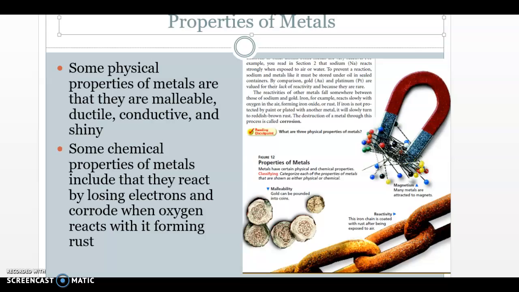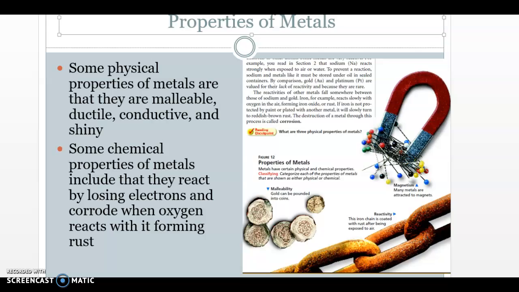We're familiar with what a metal is, but some physical properties, so some things we know about metals physically, things we can see just by looking or by doing simple things to figure out if it's metal. So for instance, they are malleable, which means that they can be hammered into sheets. Most of them you can have sheets of the metal.